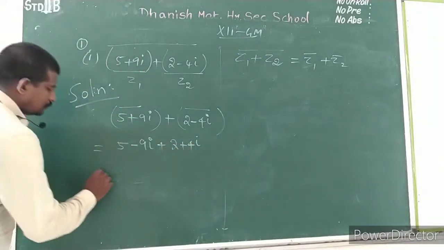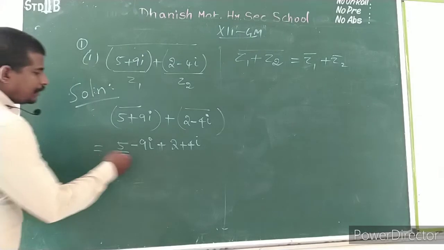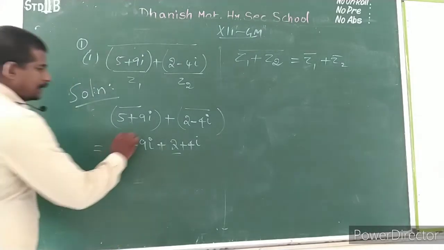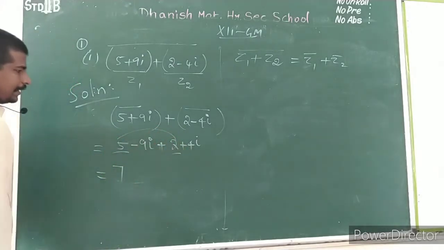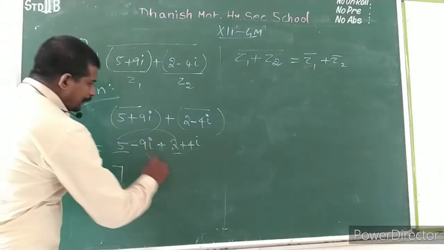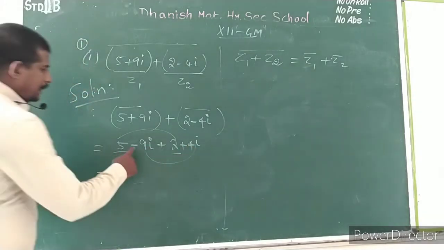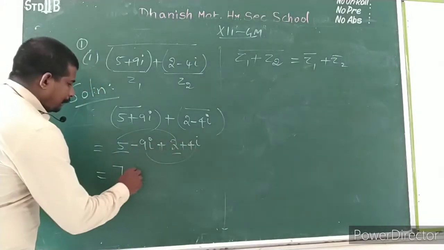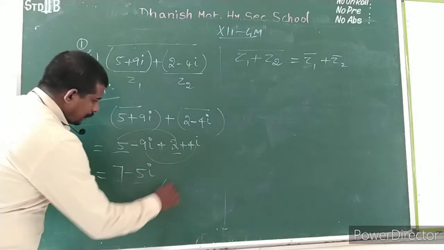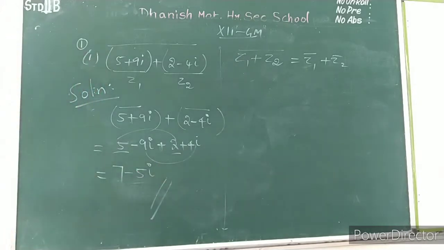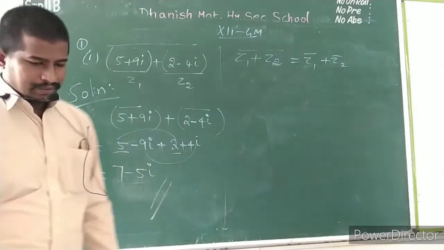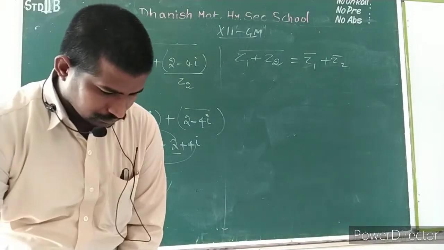The next step would be, here we are having two real parts. Now I am going to add these two, 5 plus 2, 7. Then look at the remaining two terms, minus 9i plus 4i, minus 5i. This is the final answer. So 7 minus 5i is the correct answer.